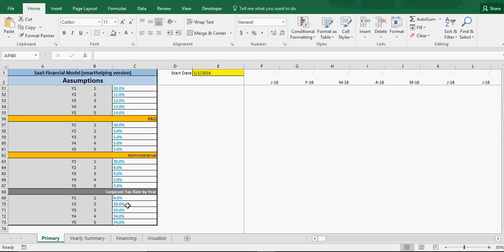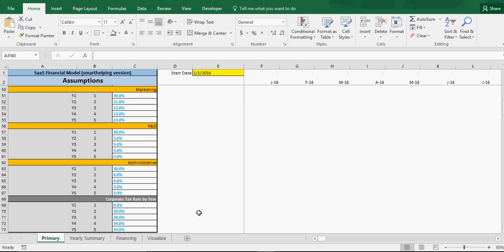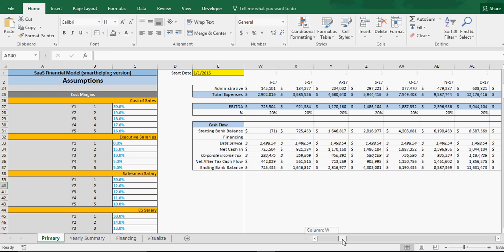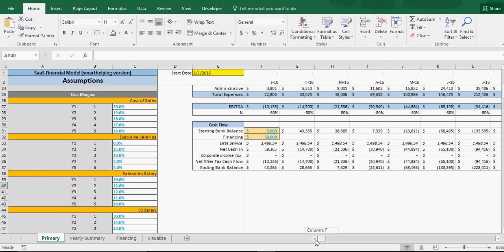Year two, if you make over 200 and some thousand, it's 39. And then if you make over 300-ish, it's 34%. And that is all taken into account in this corporate tax rate. So it's pretty granular in its ability to project out what your tax liability is given certain cash flows. And then finally, you have your ending bank balance.